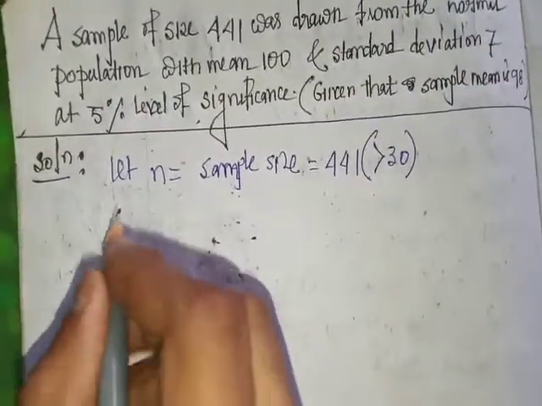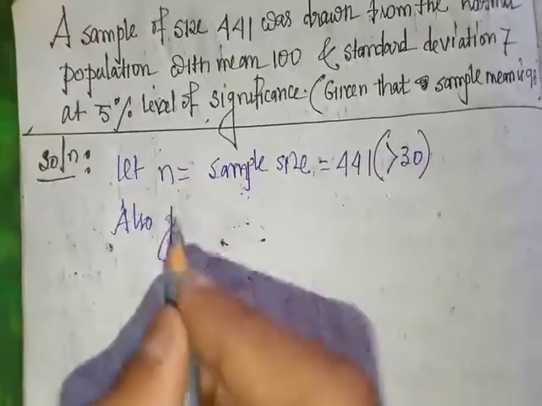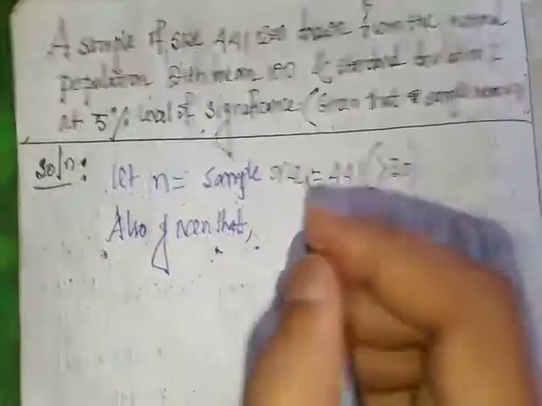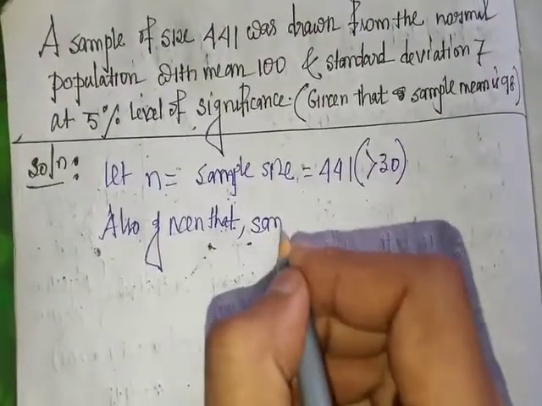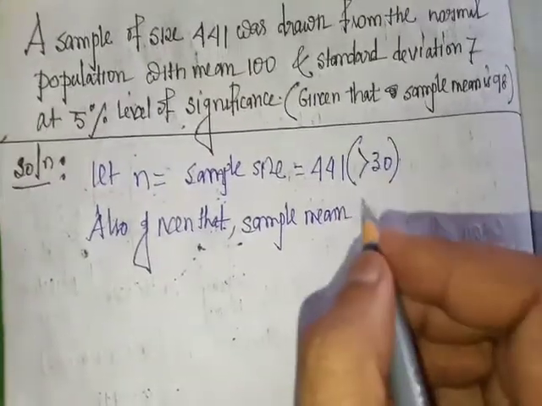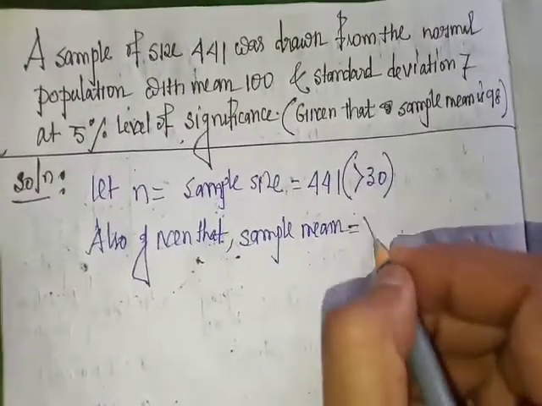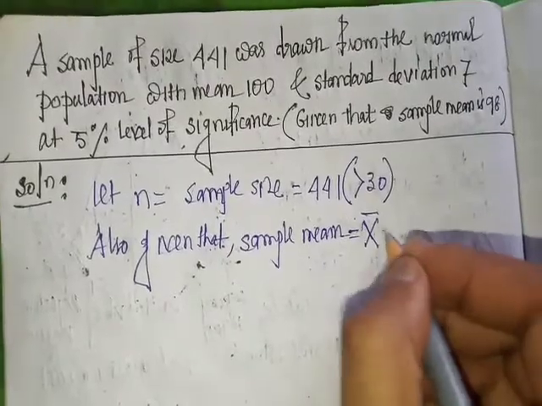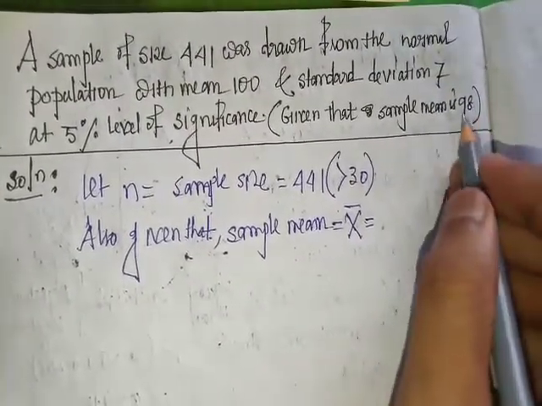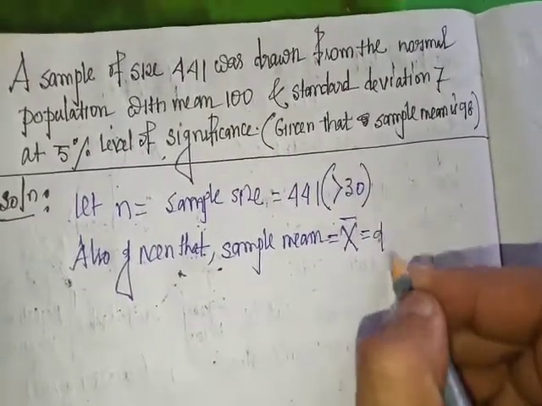Also given is the sample mean, which we denote by capital X bar. So capital X bar is equal to the sample mean, 98.